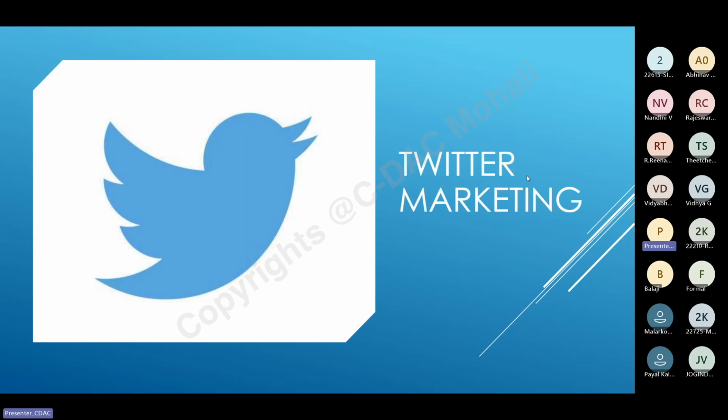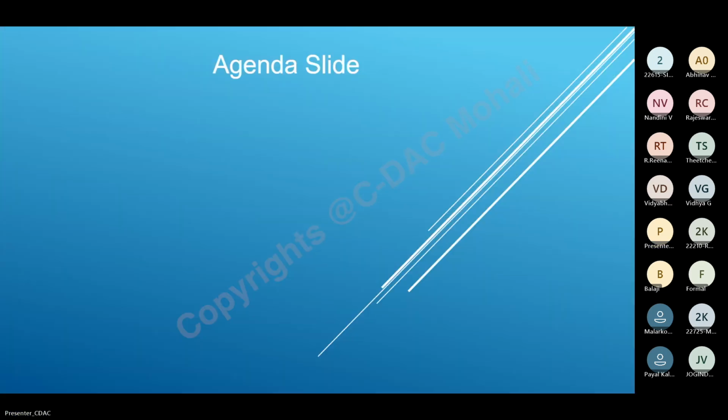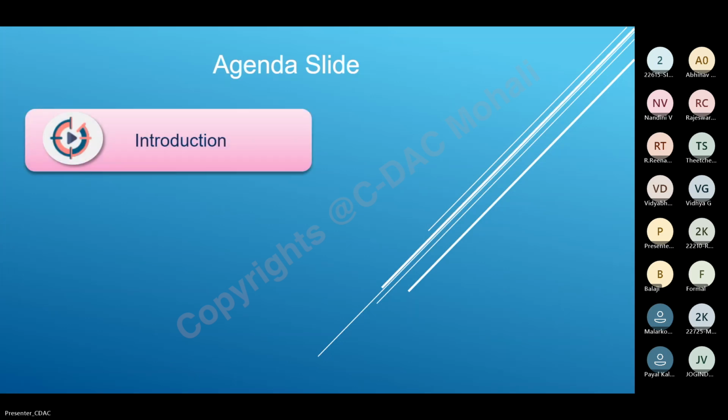So first we discuss what is Twitter, and then we discuss the different points and features of Twitter, then why we should use Twitter for the marketing area. So first is the agenda slide, where we are discussing the introduction part.